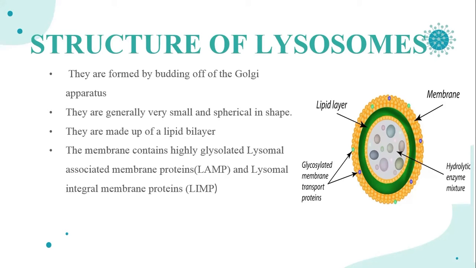And the last point, the membrane contains highly glycosylated lysosomal associated membrane proteins known as LAMP and lysosomal integral membrane proteins known as LIMP. Now, the LIMPs and the LAMPs form a coat on the inner surface of the membrane. The membrane also contains hydrogen proton pumps that help to maintain the pH conditions in the lysosome.